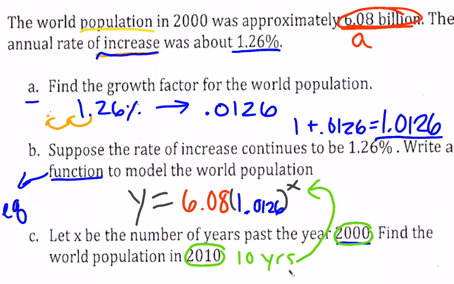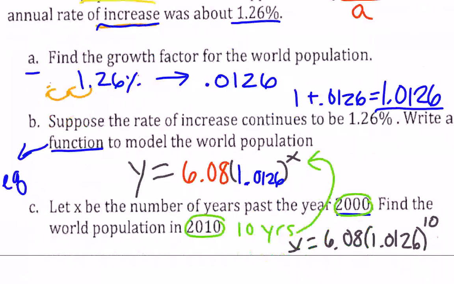In other words, evaluate y equals 6.08 times 1.0126 to the 10th. The 10th is an exponent. And tomorrow, when you come to class, we'll talk about how to type that in the computer or the calculator. For now, we'll just write it down.